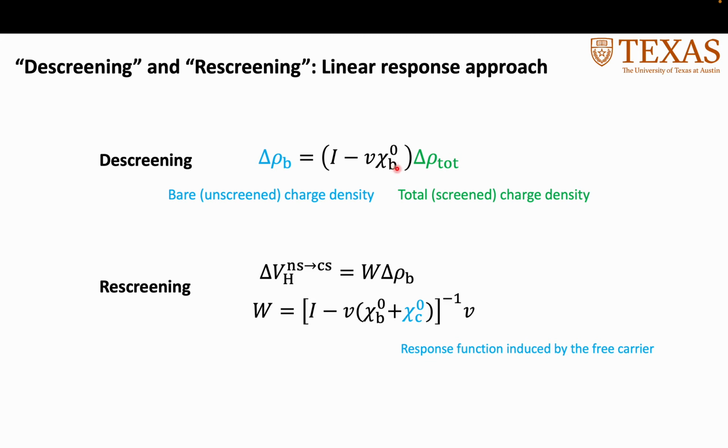This can be directly calculated from the DFT, and using the linear response formula, we can get the bare charge density, which can be considered as the unscreened charge density. Once we have this, we can use the screened Coulomb interaction together with the bare charge density to get the long-range Coulomb potential, the Hartree potential.